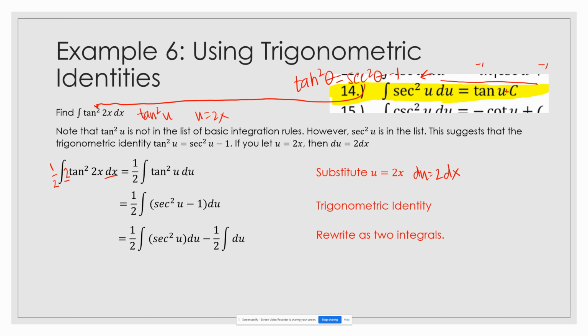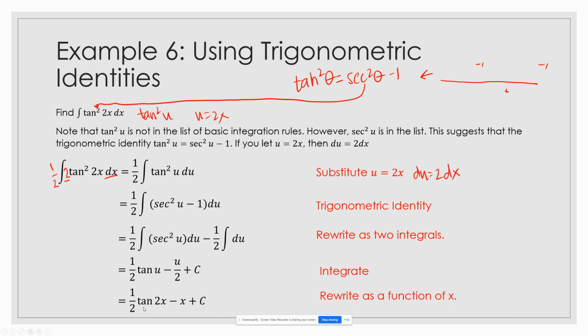So plus c. And so the integral of this, it's going to be 1/2 tangent, well, u is 2x, so tangent of 2x. And then the integral of this, you increase by one exponent and you divide, so this becomes 1/2 u. So we have 1/2 tangent of u minus u over 2 plus c, and then we have to replace our u, which is 2x.